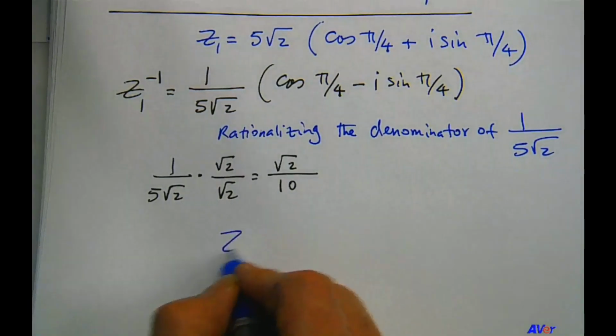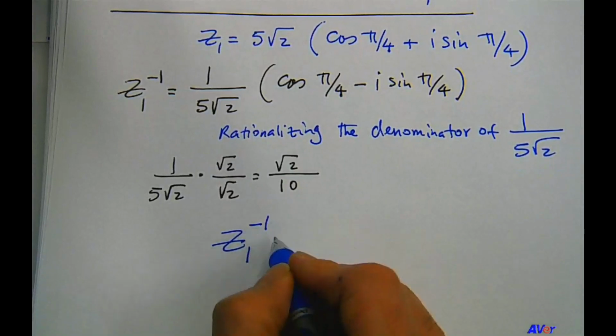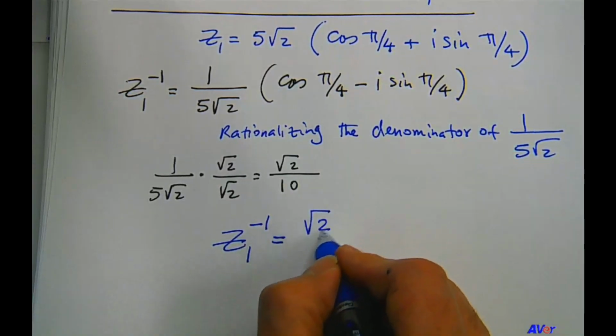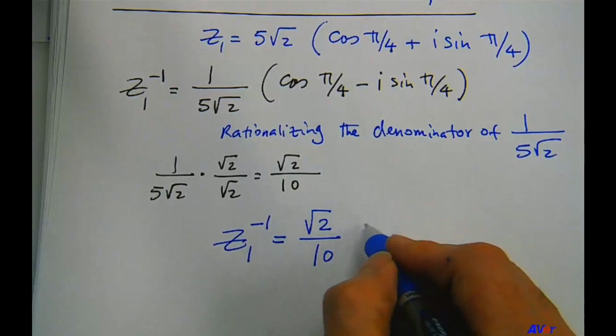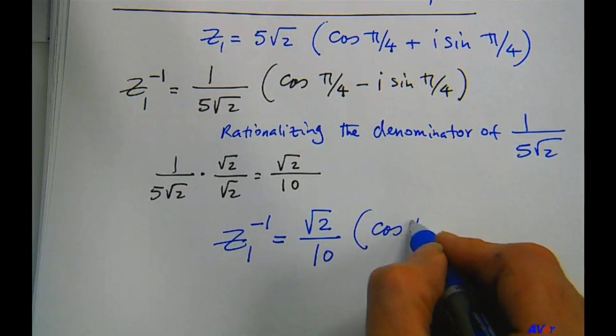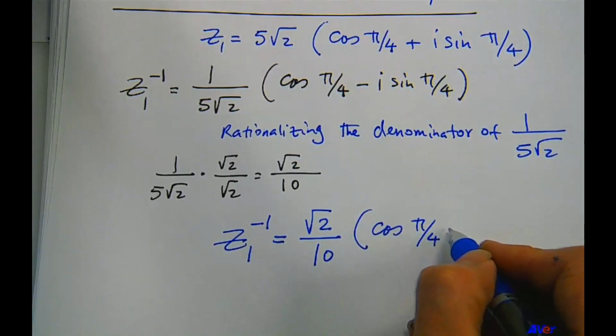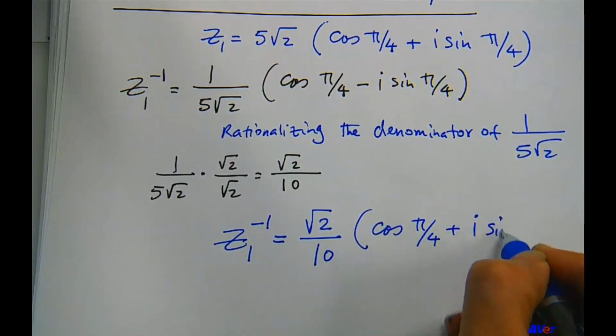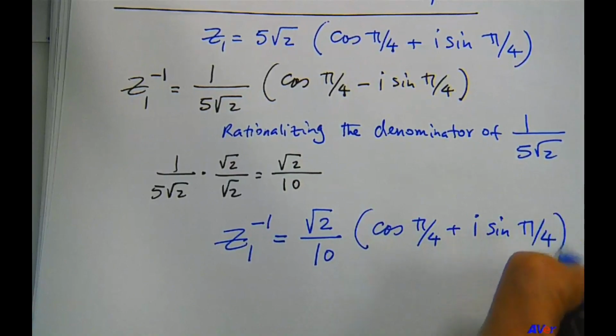So therefore, z1 inverse is equal to square root of 2 over 10 times cosine pi over 4 plus i sine pi over 4.